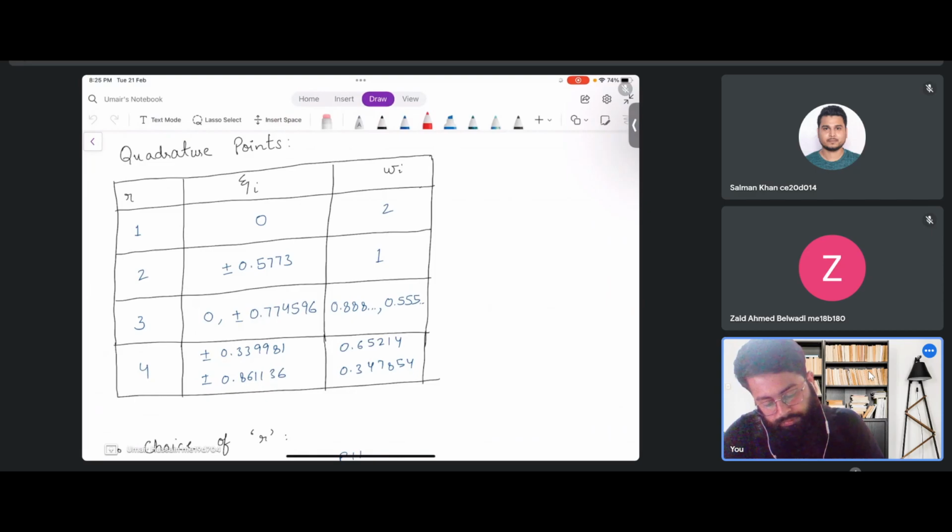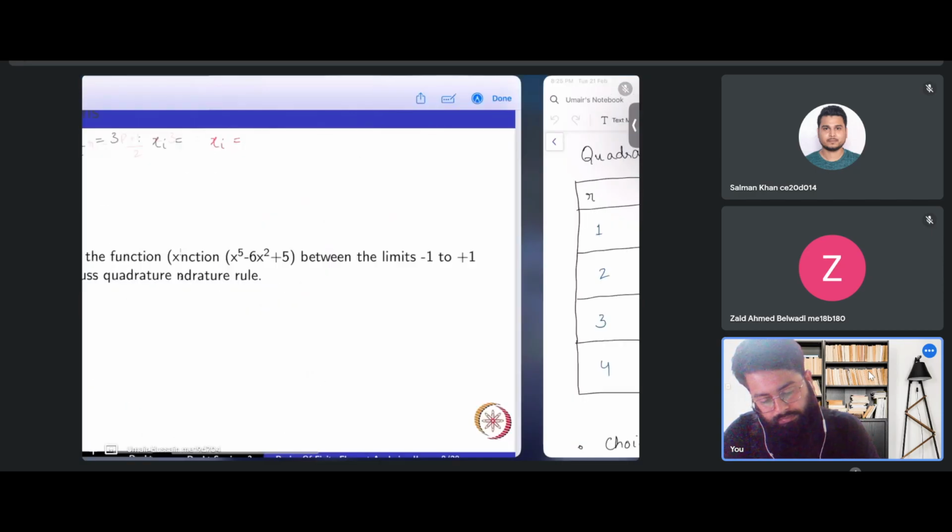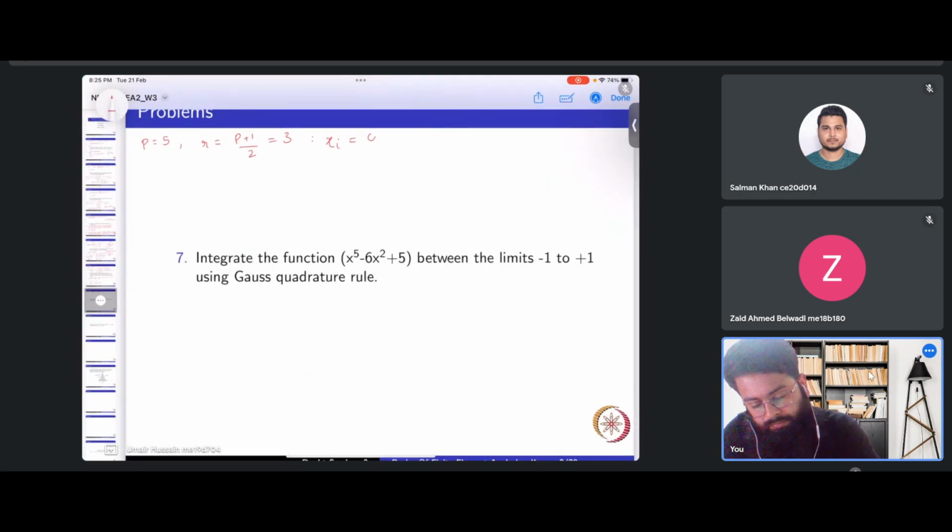0, and plus minus 0.774. Just use 0.774.